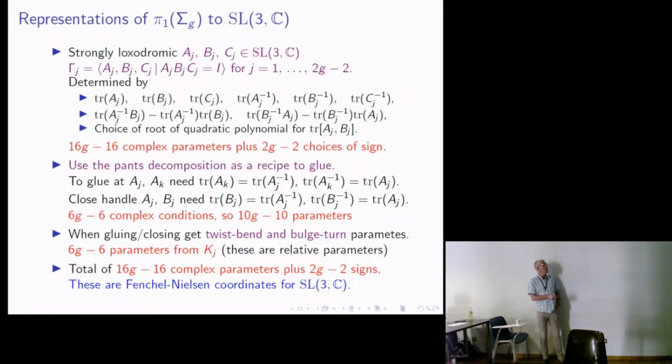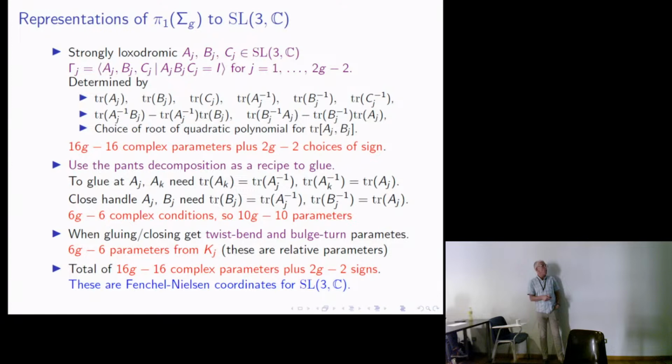Right, so we have these matrices, just like before, which are going to correspond to my pants curves. We have these fundamental groups for each pair of pants, just like before. So these are determined by all of the boundary parameters, the AJ, BJ, CJ, A inverse, B inverse, C inverse. It's shape invariant for each, so how many of those are there?